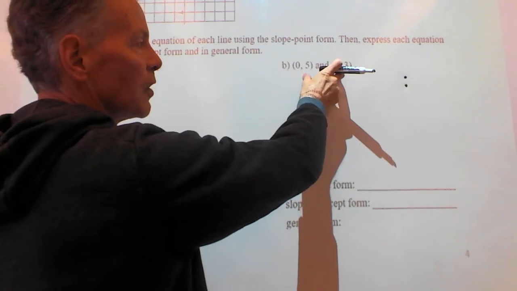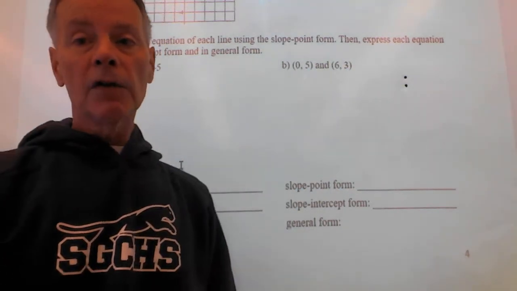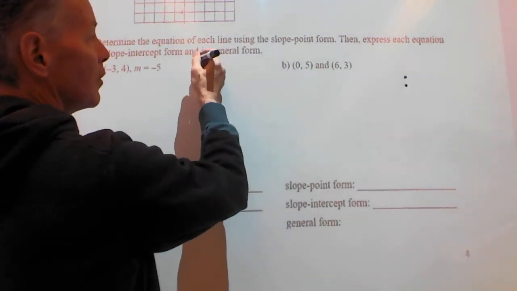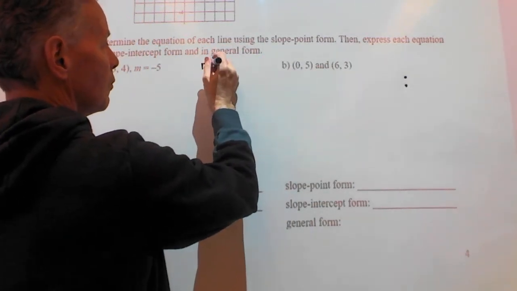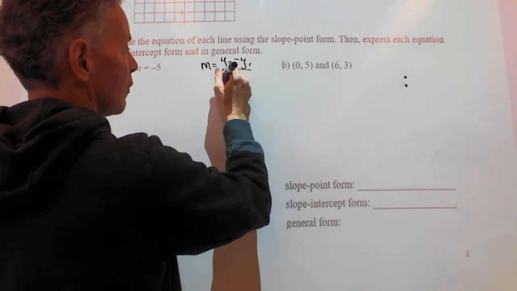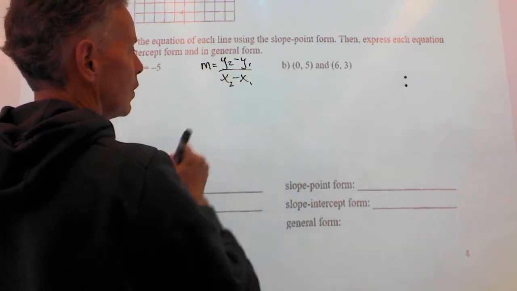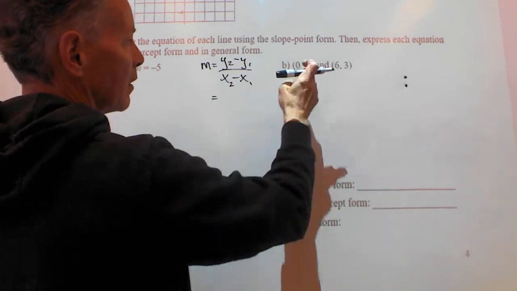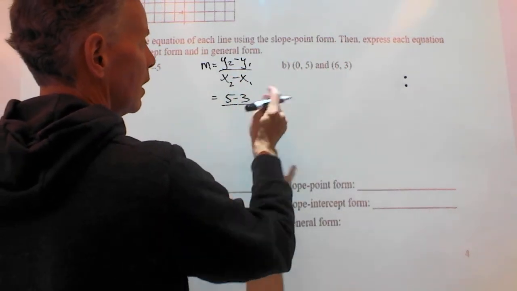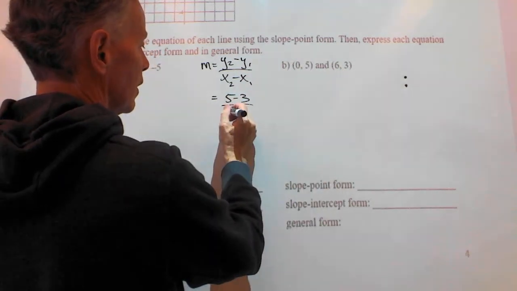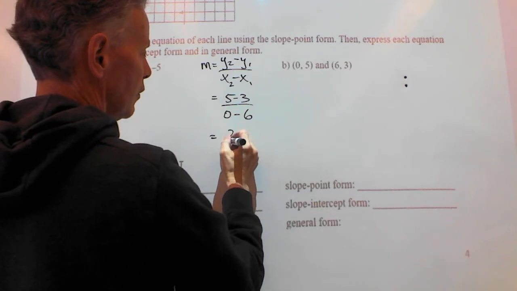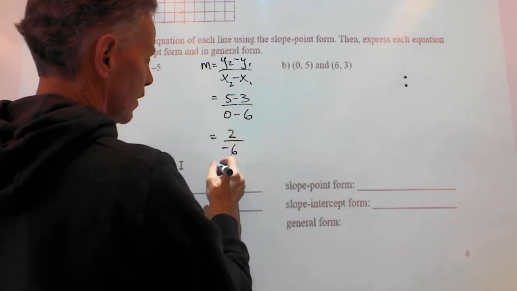So if they give you just 2 points, then you've got to find the slope first, okay? Not a big deal. So step 1, find your slope. Remember that's y2 minus y1 over x2 minus x1. That becomes y2 minus y1 is 5 minus 3, x2 minus x1 is 0 minus 6. 5 minus 3 is 2. 0 minus 6 is negative 6.